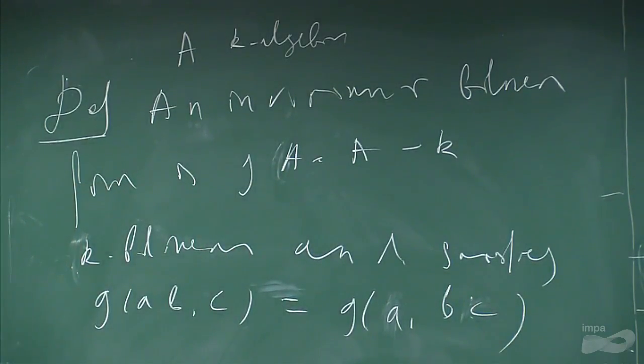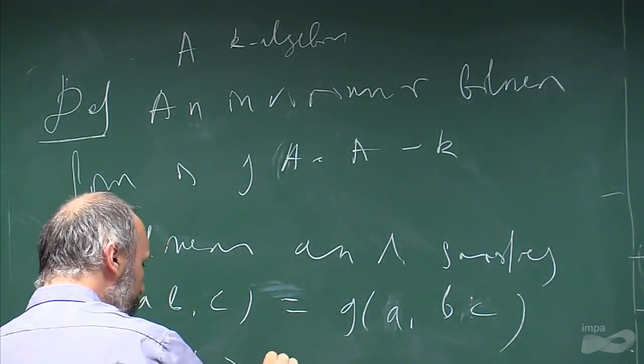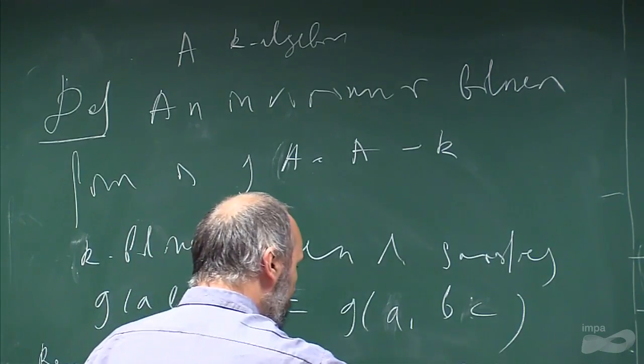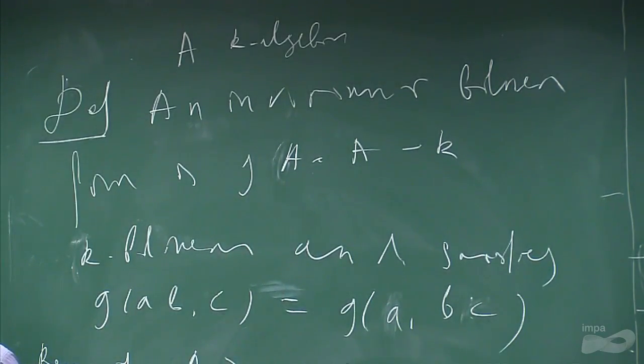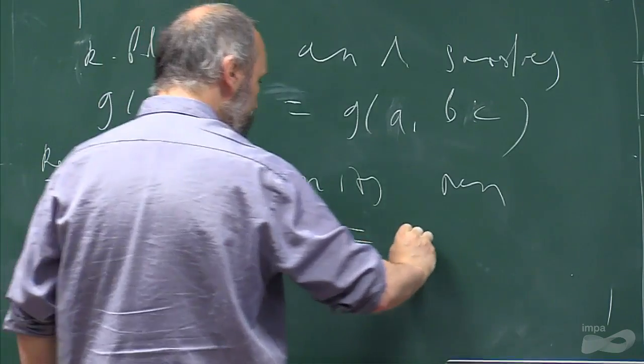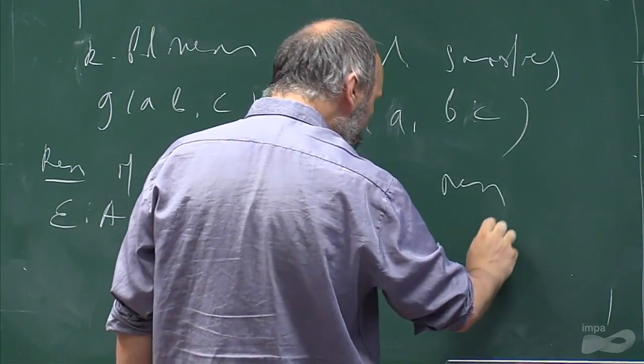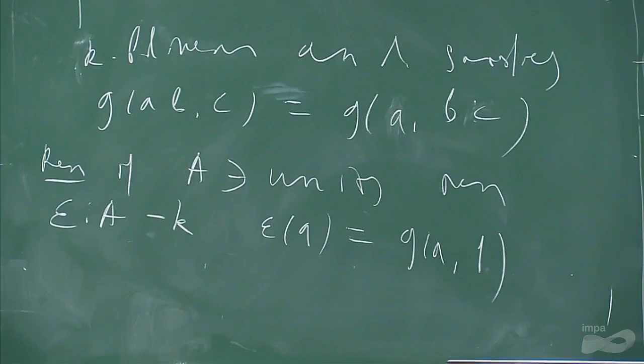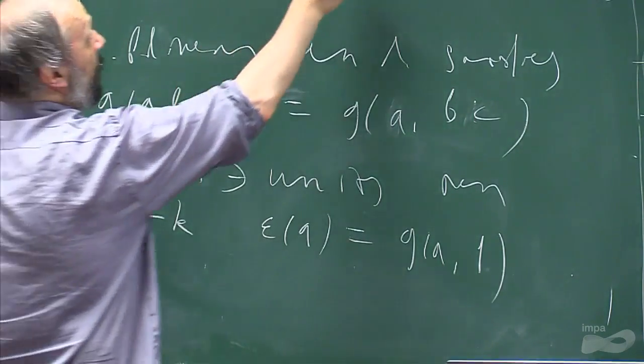If you are lucky to have a unit, then it's even easier because it's uniquely defined by a linear form. Remark: if A contains unity, then you have a form epsilon from A to K, where epsilon of A is equal to G of (A, 1_A). I assume it's symmetric. Sometimes it's not symmetric, but for all our applications, it is symmetric.